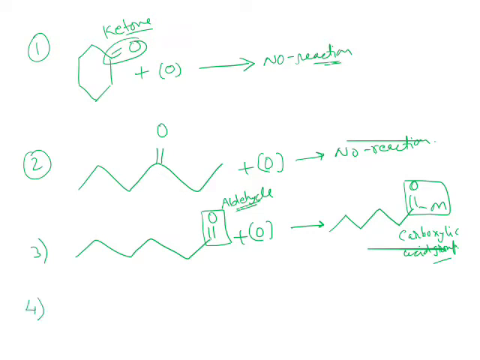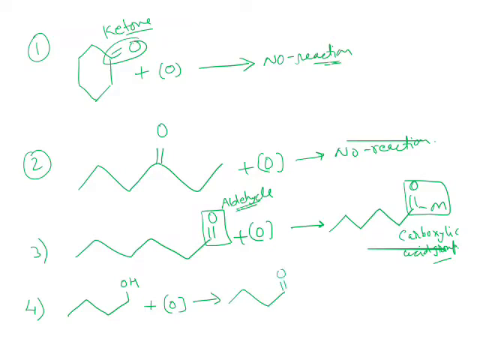If I give you one more question, if you have an alcohol and you do oxidation, what should be the product? Alcohol goes to aldehyde. So this will be my product.